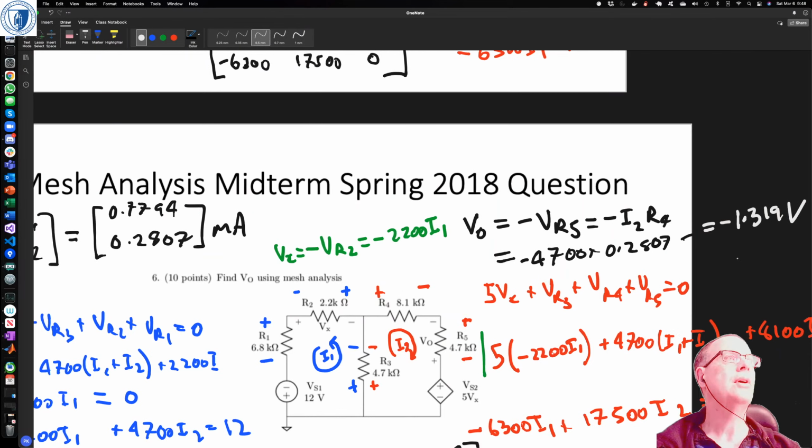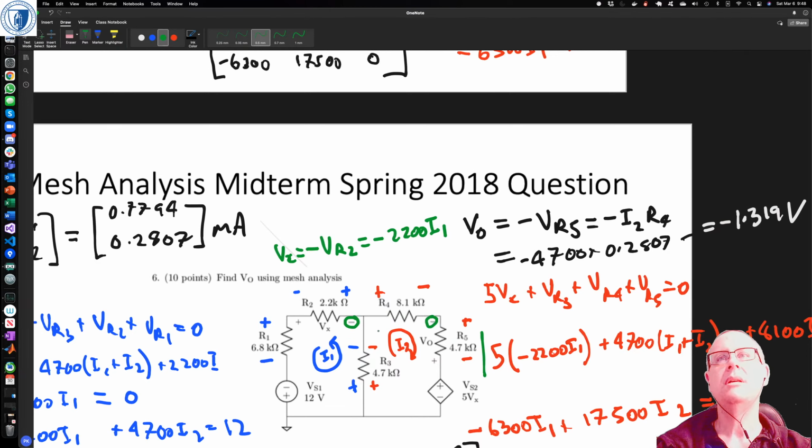Okay, so the tricky bit about going against the polarities here, one of them is this piece, that Vx is equal to minus VR2, and the other tricky bit is this piece, that V out is minus VR5. And it all works, it's just you have to be careful with the signs and the polarity.